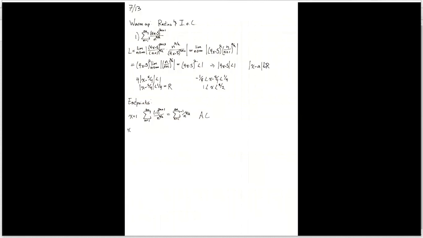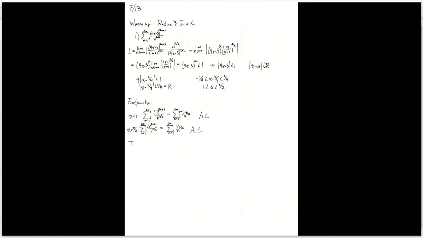So now when x is 3/2, our sum from 1 to infinity is now 1 to the 2n plus 1 over n to the 3/2. And just like above, this is going to be a p-series. This is absolutely convergent. So that means that both endpoints are absolutely convergent.